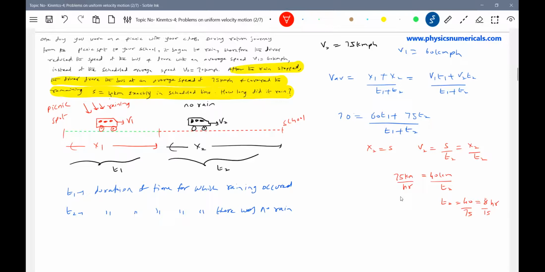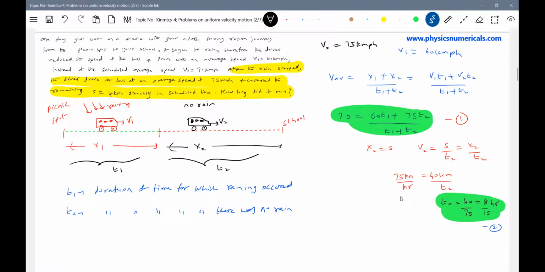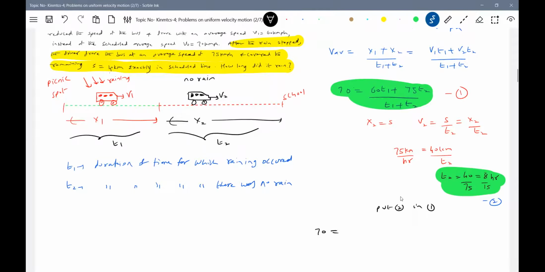How long did it rain? T1 is the unknown. So there's equation 1 and equation 2. Let me substitute 2 in 1, and we'll get the required answer. After solving, 70 equals 60 T1 plus 75 times 8 by 15, over T1 plus 8 by 15.